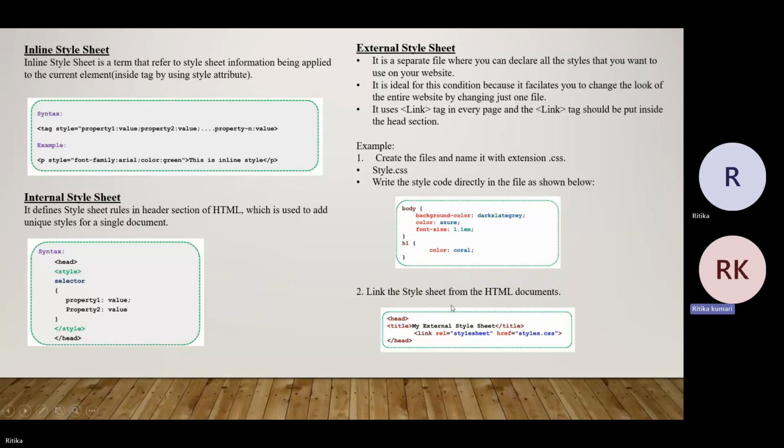Link the style sheet from the HTML document. So here we have taken head, then title tag, which consists of my external style sheet heading, and inside the head we have taken the link tag with rel equals stylesheet and href equals style.css. So this was about external style sheet.